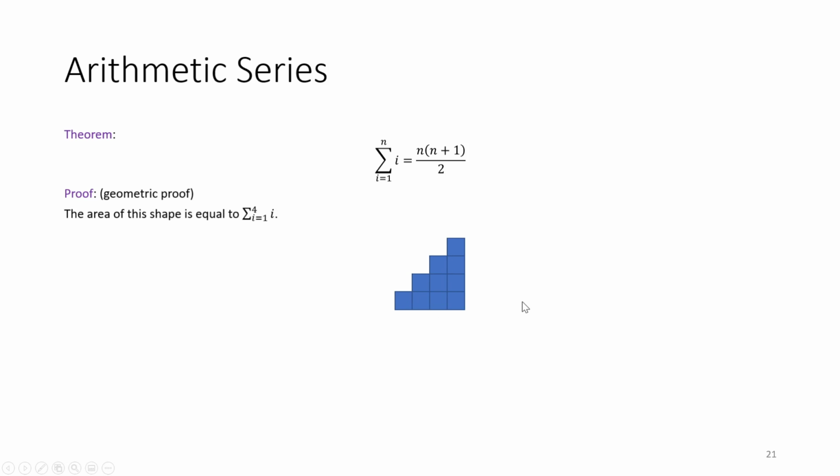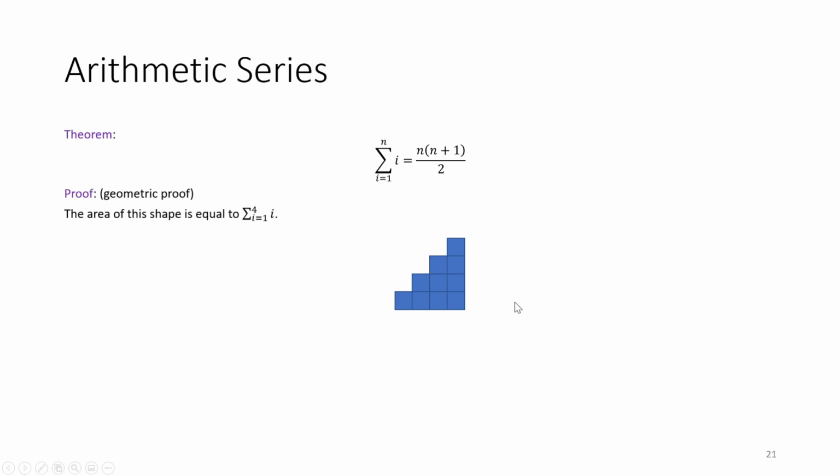This shape is the sum of 1 to 4, and hopefully all of our internal mathematical processors can see that if we expanded this to 10 or 100, we'd have the same looking shape. It would just have more levels or rows or columns on it, whichever way you're thinking of it.